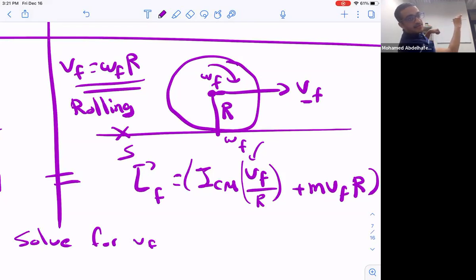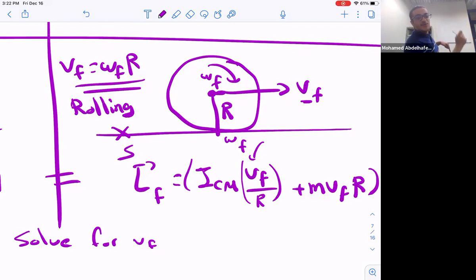I am moving to the right. Do you see this pointing to the right, or is it flipped for you? Okay, so to the right, and the point is on the ground here. Moving to the right about a point on the ground is like making a clockwise sense of rotation. It looks as if I'm rotating about the ground clockwise.